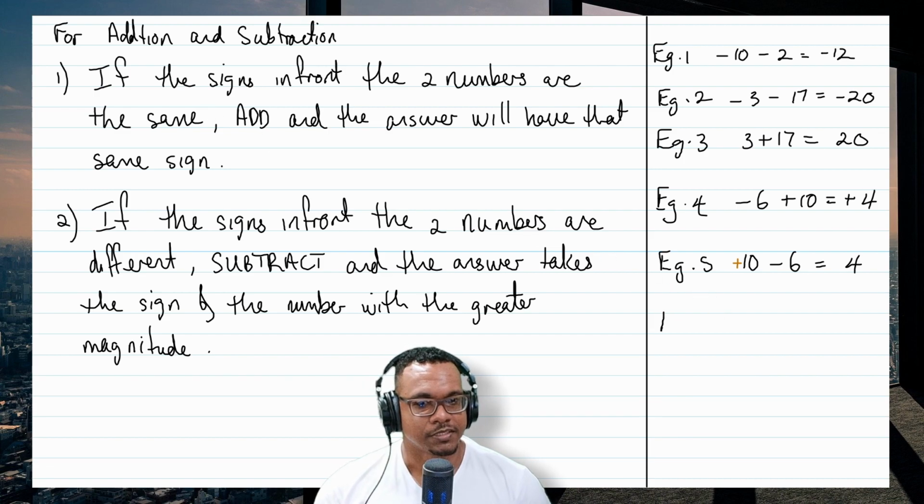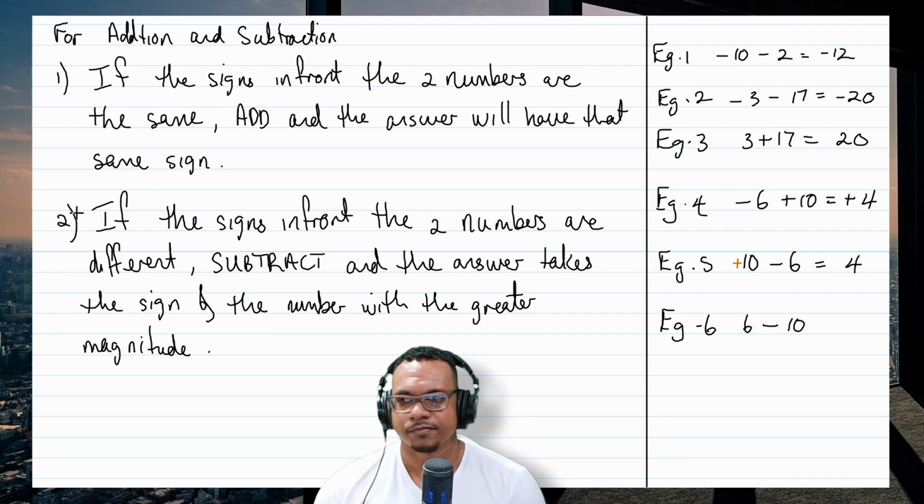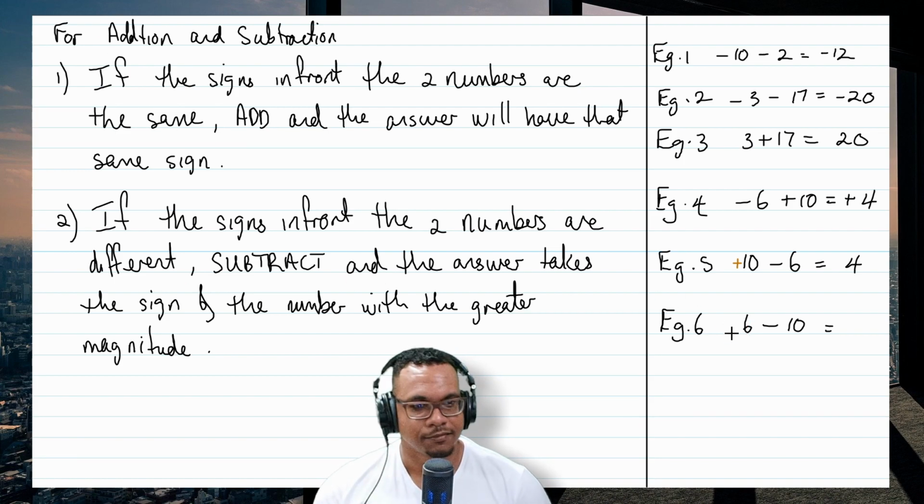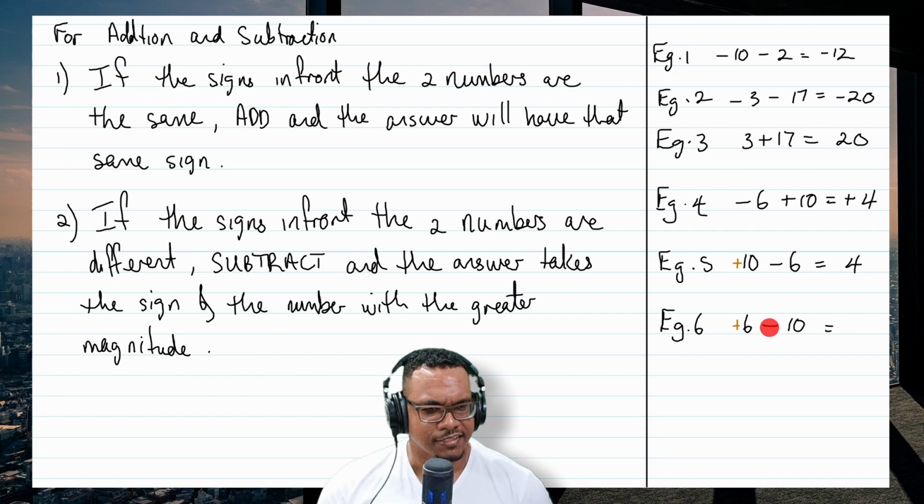So let's put it as, all right, 6 take away 10. Example 6. All right, so 6 take away 10. Now when I look, the sign in front of 6 is positive, and the sign in front of 10 is negative.